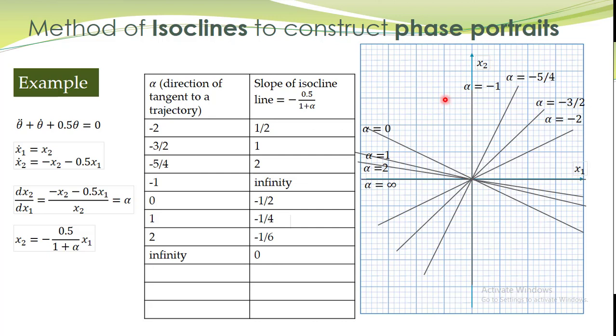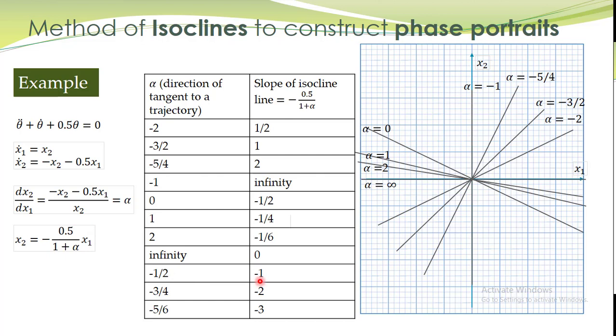For example, if I want to draw one more line over here, slope equal to, for example, 3 vertical boxes and 1 horizontal box, that comes out to be -3. We take slope equal to -3, and corresponding to that slope we find the value of alpha. So you can proceed in this way.